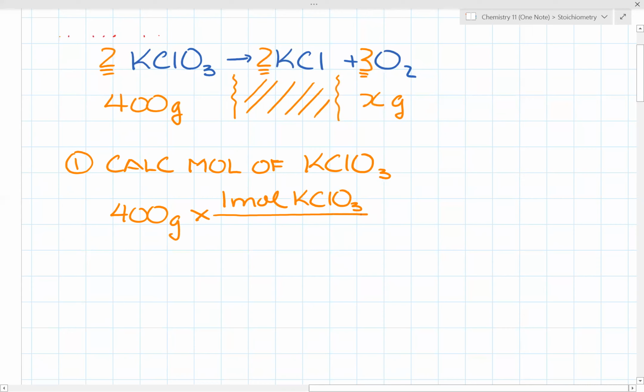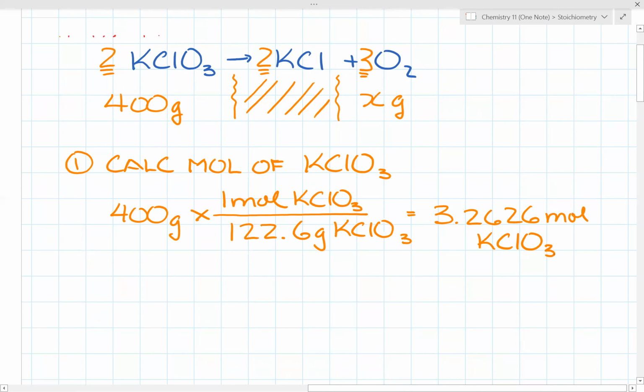So K is 39.1, and 35.5, and 3 times 16. So that gives me 122.6 grams of KClO3. And that gives me an answer of 3.2626 moles of KClO3.